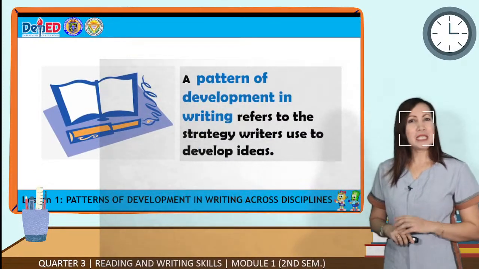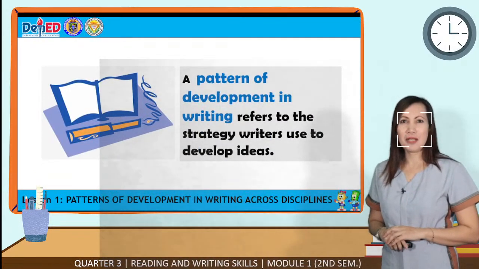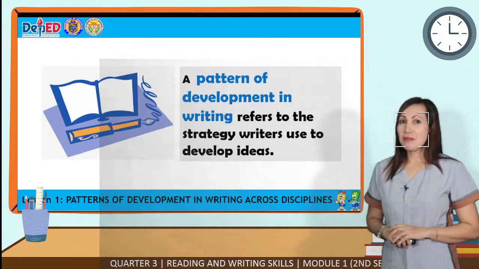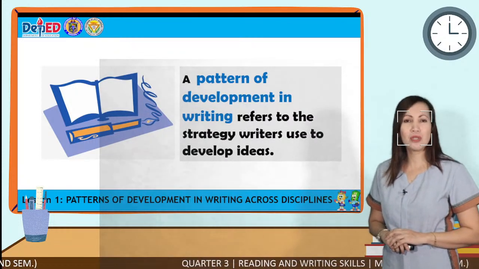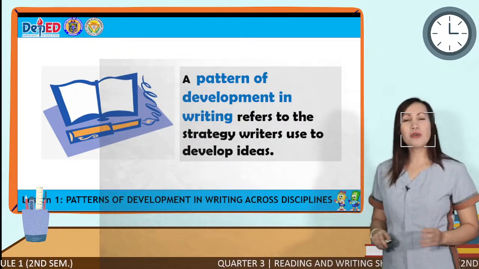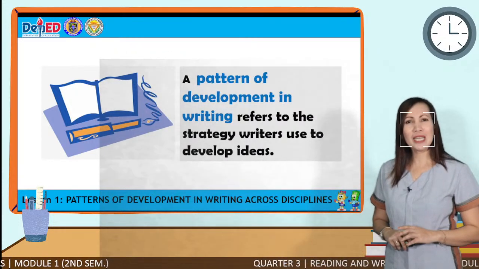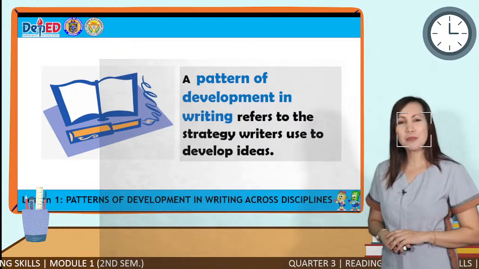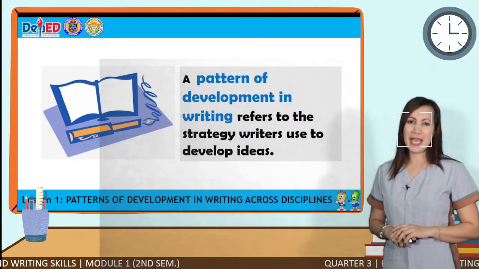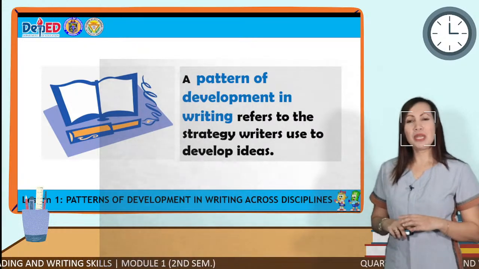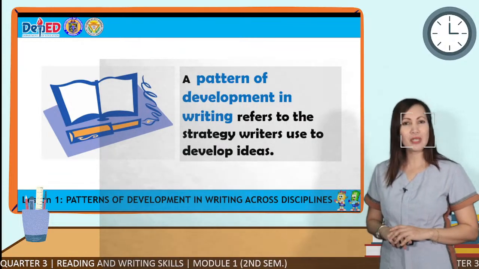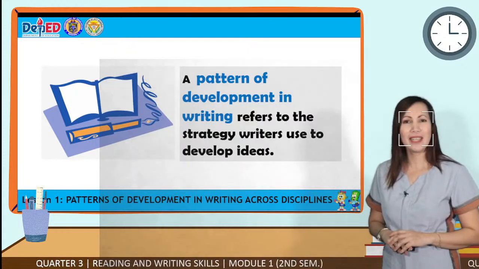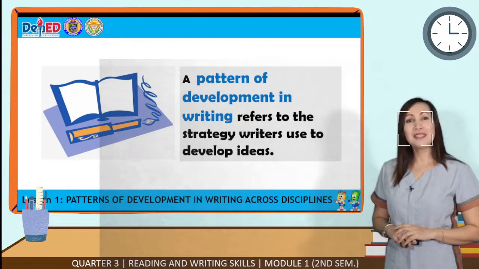But what is this pattern of writing development? A pattern of development in writing refers to the strategy writers use to develop ideas. Whether you are aware of it or not, you actually use these patterns to express yourself. For example, when you try to describe how your roommate looks when she gets up in the morning, you are actually using description.